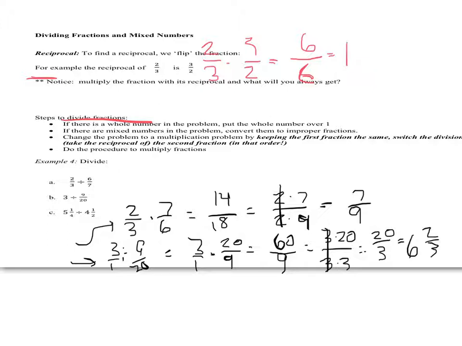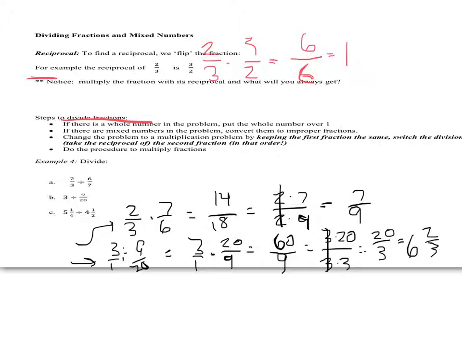Now we're going to look at this last example, where we're going to have quite a few more steps because our numbers are given as mixed numbers. Our first step here will be to take these two mixed numbers, 5 1/4 and 4 1/2, and write them as improper fractions. And we have to do this first before rewriting the division as multiplication.